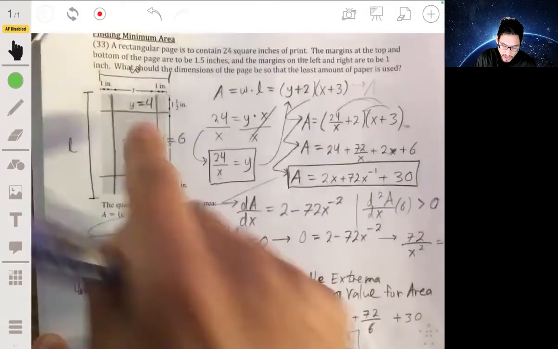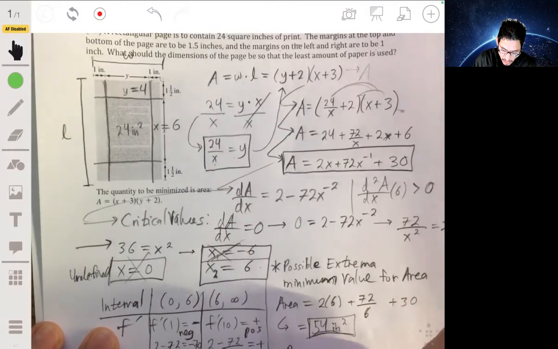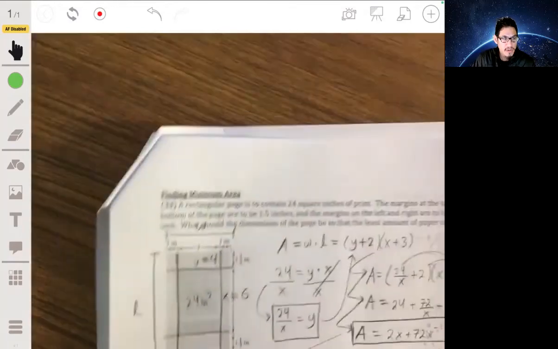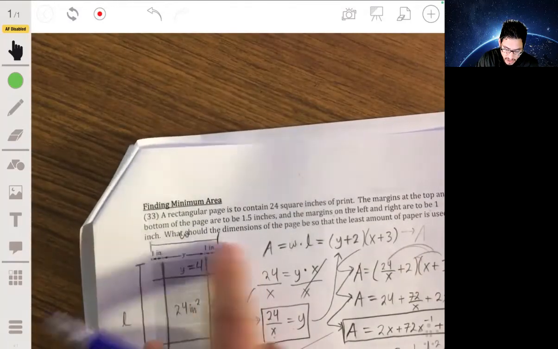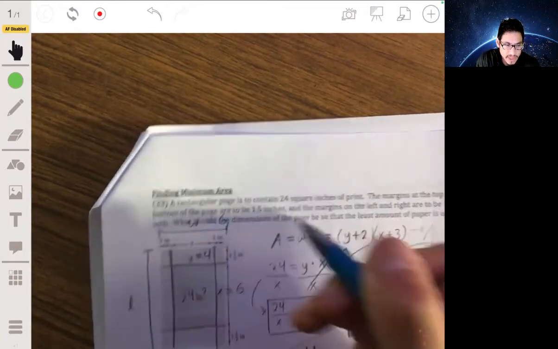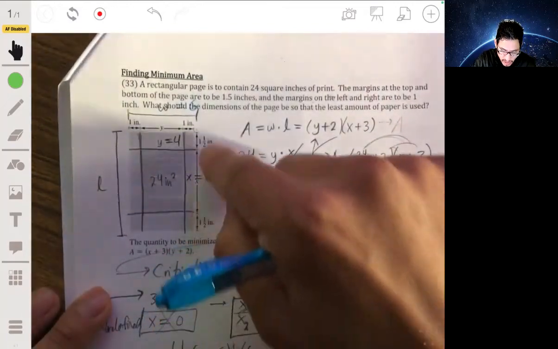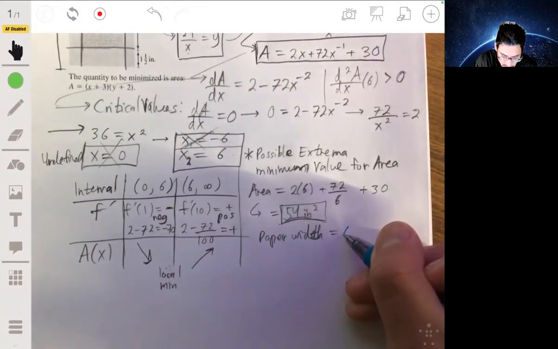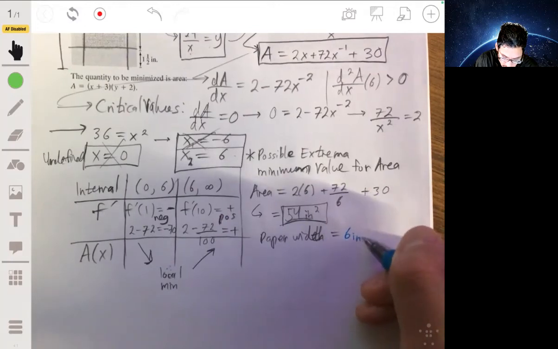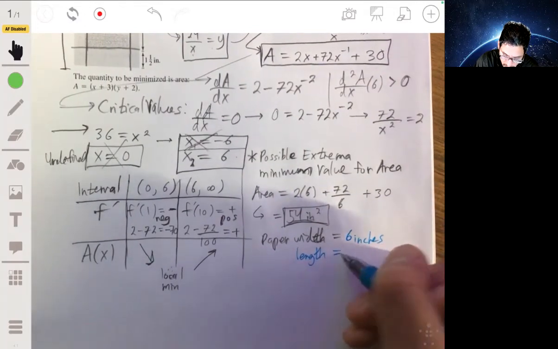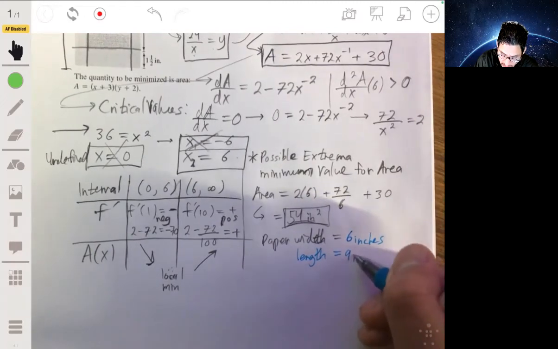But the overall width of the paper, we're talking about this whole thing. This whole paper width would be 4 plus 2, so that would be 6. And the length would be 6 plus 1.5 plus 1.5, 6 plus 3. Paper width would just be 6 inches, and the length would be 9 inches.